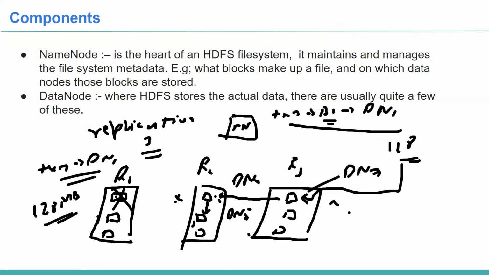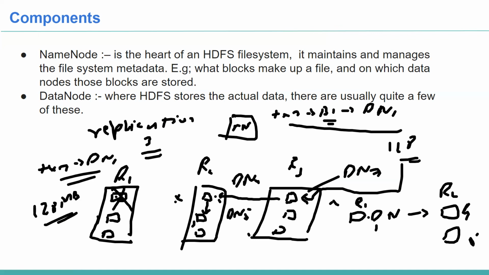So to store the data, first we store the data in one data node in one rack. The other copy of data goes to another rack on a, say, node 2, and the third copy is in the same rack in another node. So let's say this is dn4 and this is dn5 and this is dn1.